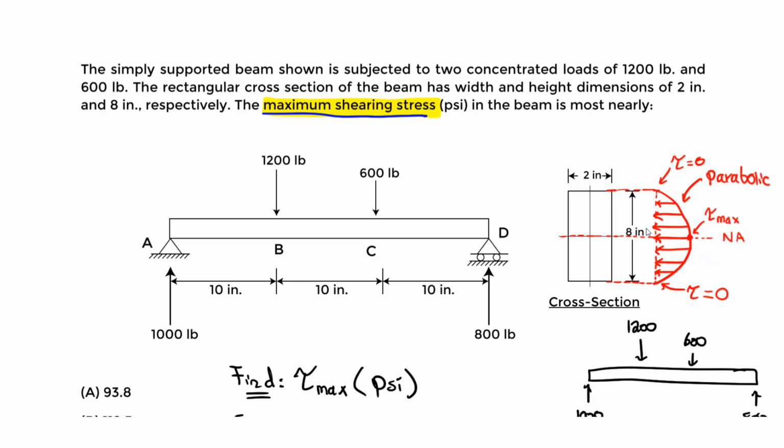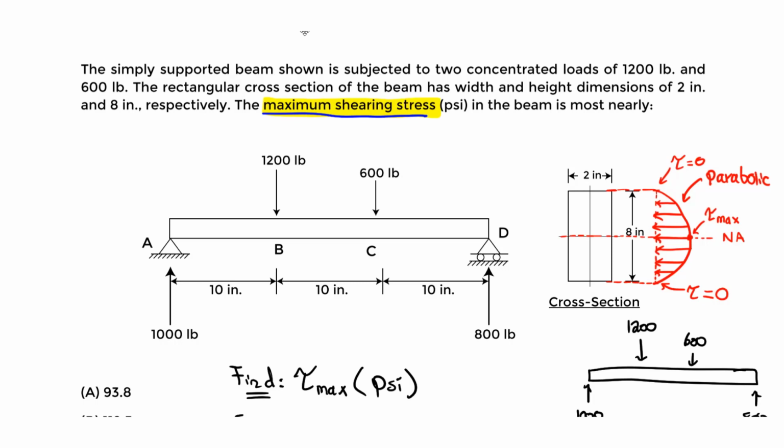So now all you have to do is pick an area above or pick an area below, and here they're just the same. We know the maximum shear stress occurs here. That's the point where we want to find it. So we pick an area above that, or you can pick the bottom area. They're going to be the same.